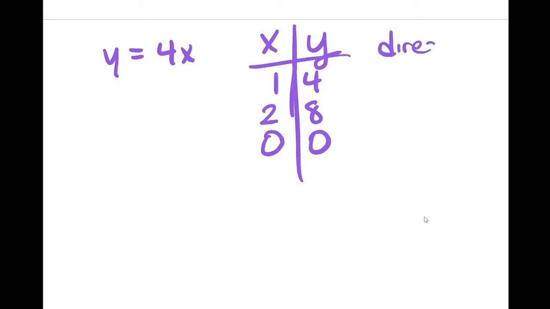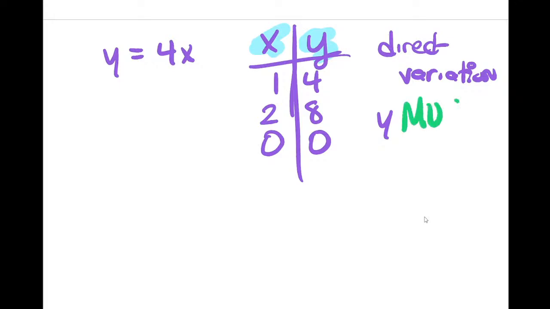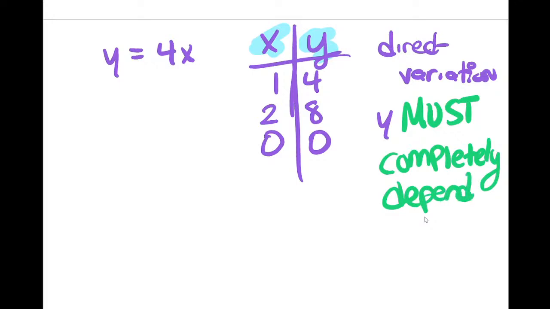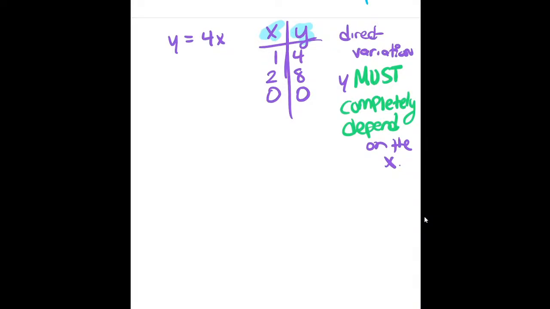For direct variation between two variables, and that just means two letters, the y must completely depend on the x. Let's have a look at what that looks like when it doesn't.